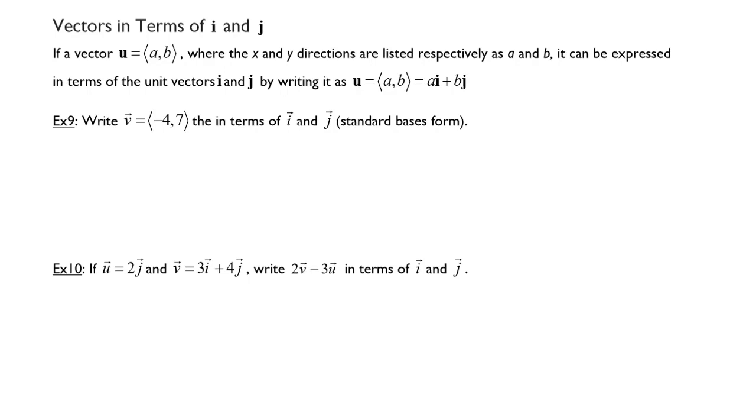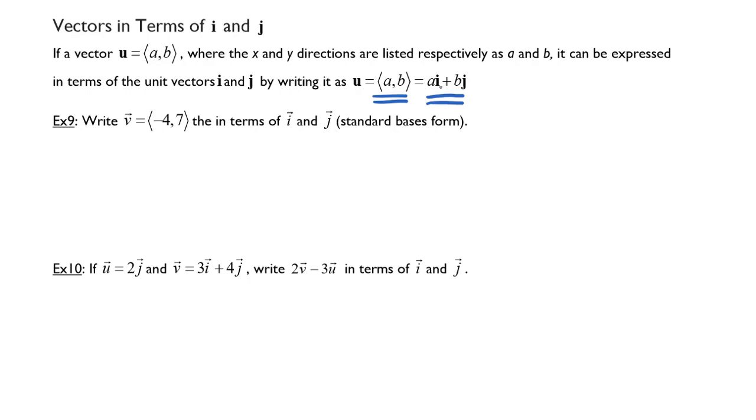So if a vector u has components a, b, where the x and y directions are listed respectively as a and b, it can be expressed in terms of the unit vectors i and j by writing it as u is equal to <a, b>, but is also equal to a times the vector i plus b times the vector j.